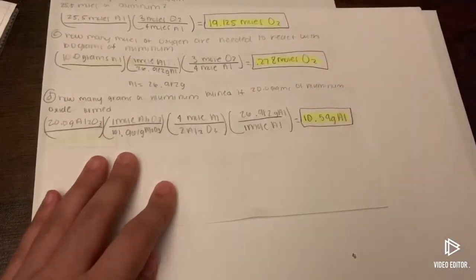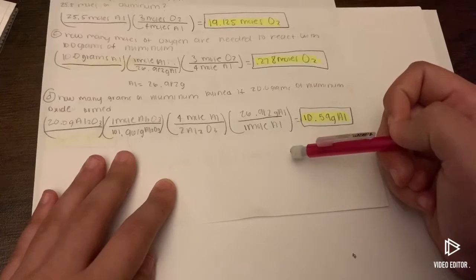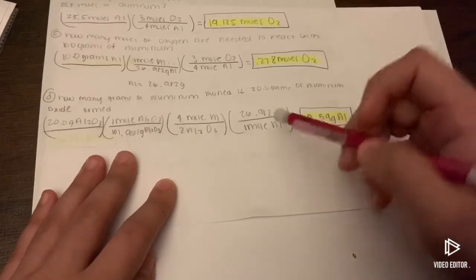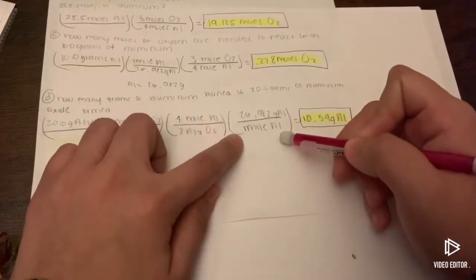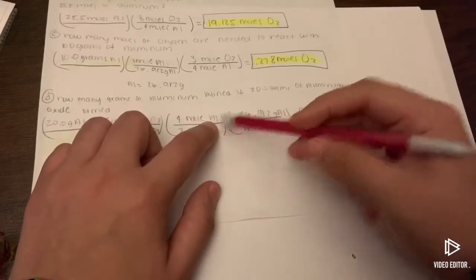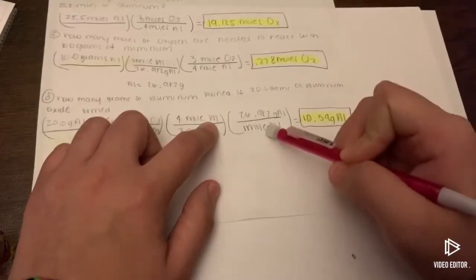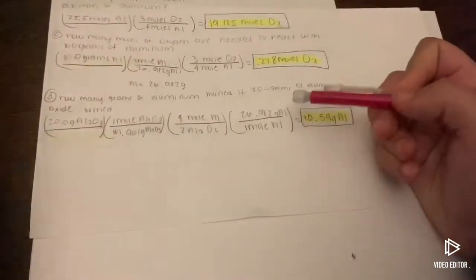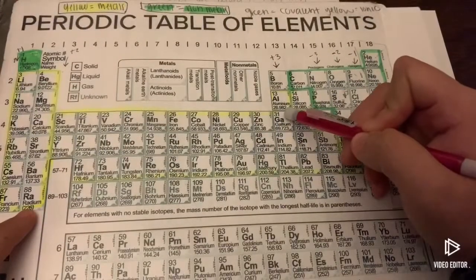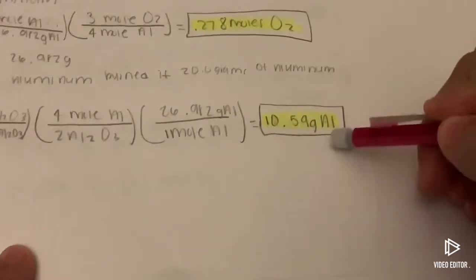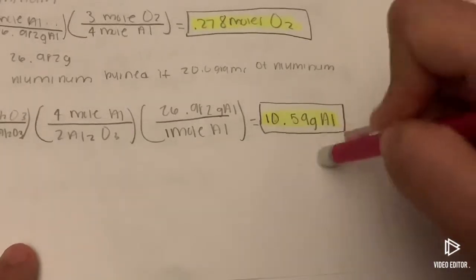And so then you're trying to find how many grams of aluminum burned. And so you're going to put 1 mole of aluminum down here, which is right here, because remember that they both have to cancel out. And then 1 mole of aluminum is 26.982, and that's what you're going to put down here. And then you're going to put all of this in the calculator, and you're going to get 10.59 grams of aluminum, and that's how you go from a mass to a mass.